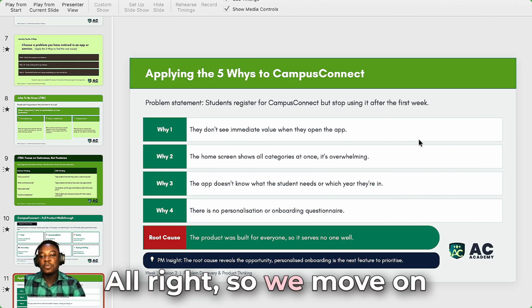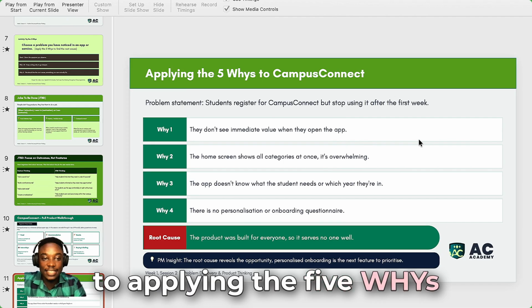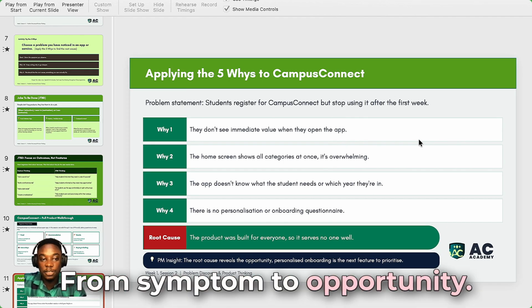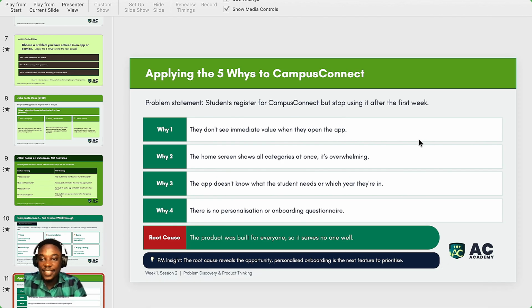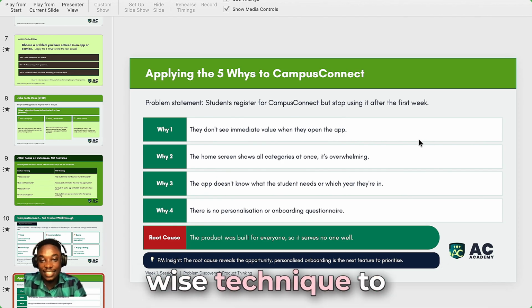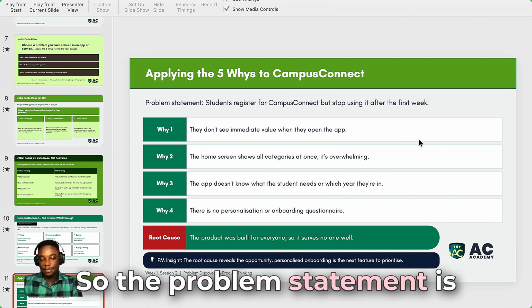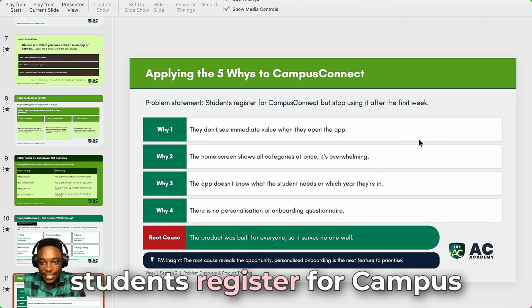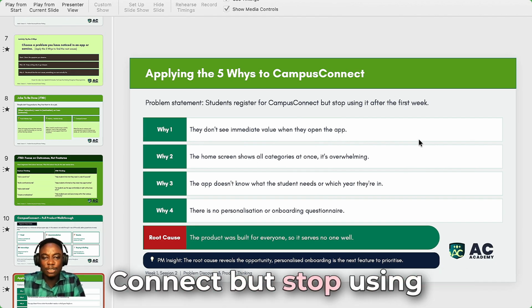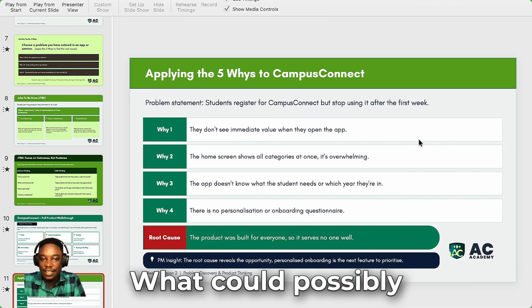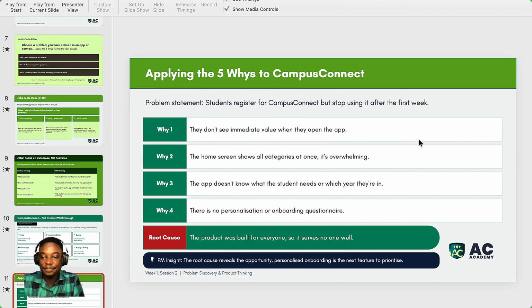All right, so we move on to applying the five whys to Campus Connect, from symptom to opportunity. Let us apply the five whys technique to the Campus Connect problem. The problem statement is students who register for Campus Connect but stop using it after the first week. What could possibly be the reason why?